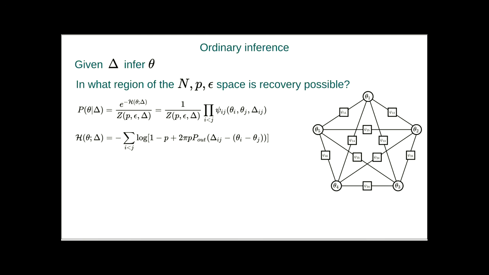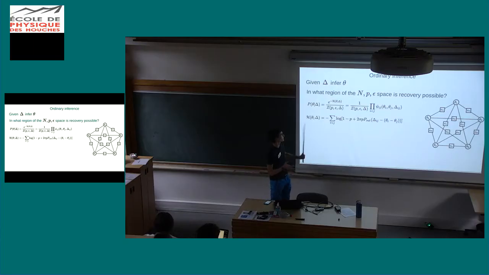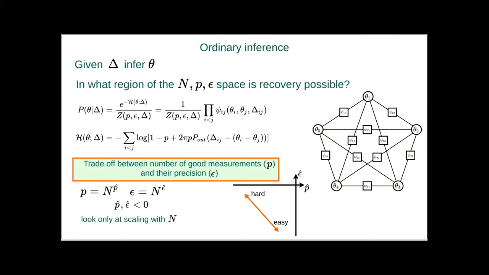So you write your Hamiltonian and the posterior and everything, and this corresponds to a fully connected pairwise graphical model with this quite ugly Hamiltonian, just to show it to you. And at this point, what do we expect?